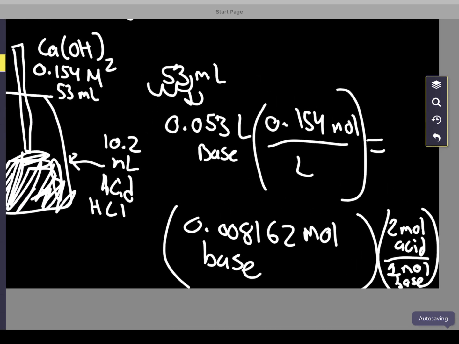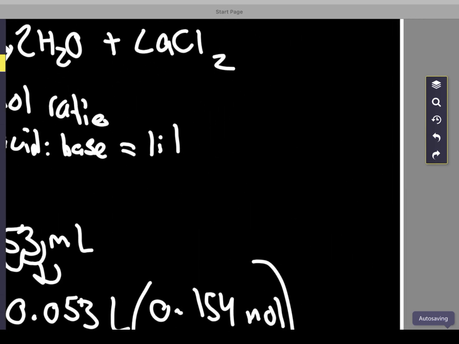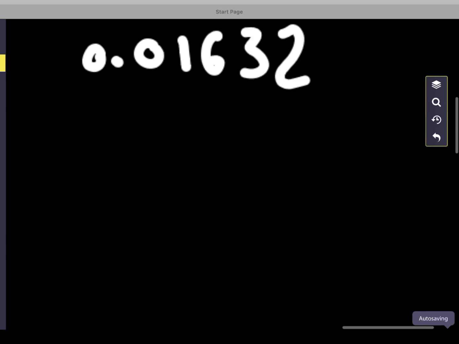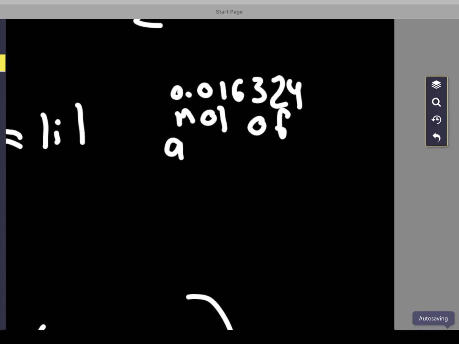So if you plug this into your calculator, you would get 0.016324 moles of acid. If we have this much base, we would have this much acid.